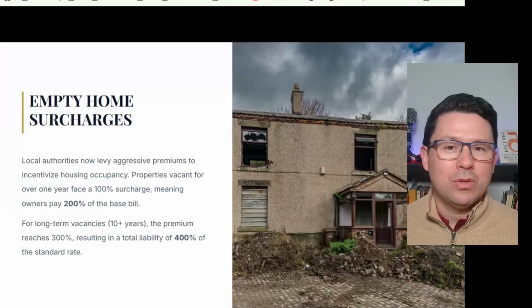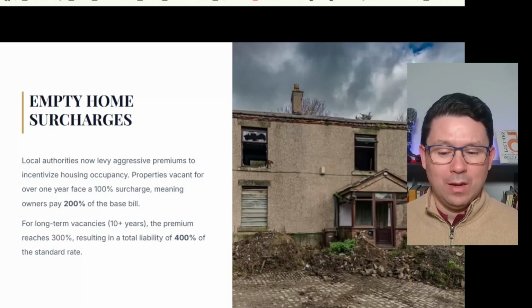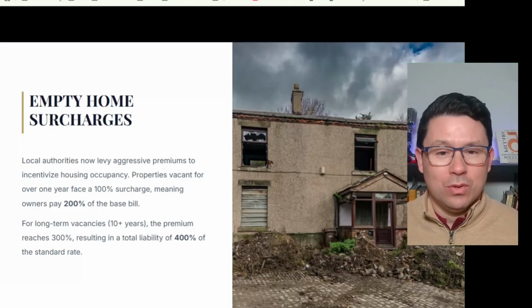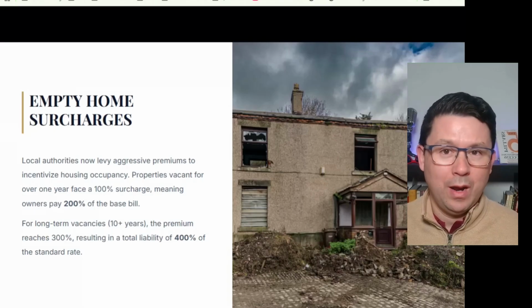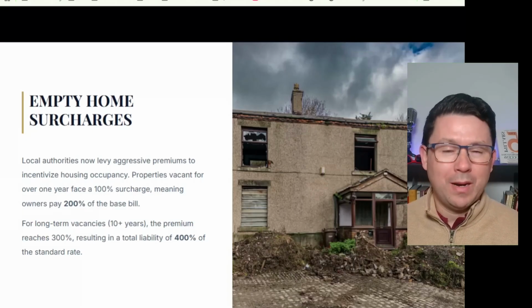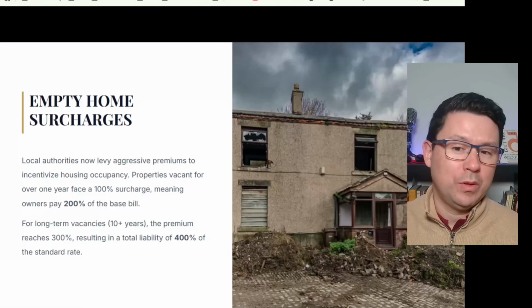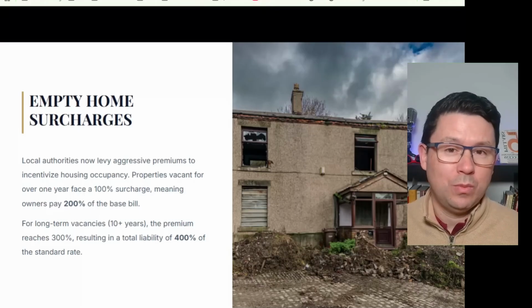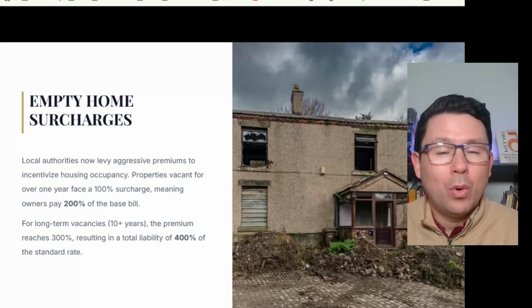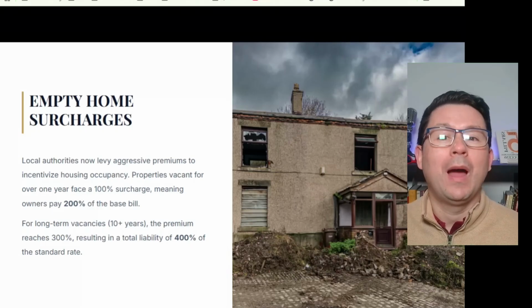And really, there is no escape from this unless your house is just a shell. It doesn't have floors, doesn't have roofs, doesn't have toilets, so it's completely beyond repair. At that point, you can apply for an exception. But councils are getting stricter by the day, trying to avoid losing income from properties which are empty. They say, well, your property is empty, you could repair it, you could fix it, why don't you do so? If you don't, in the meantime, I'll charge you 200, 300% more council tax so you can feel the pain and go and repair it.